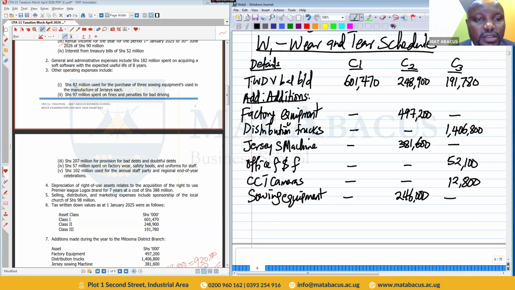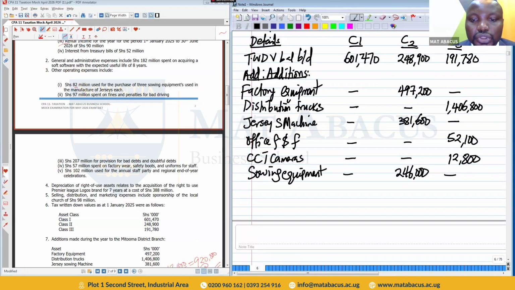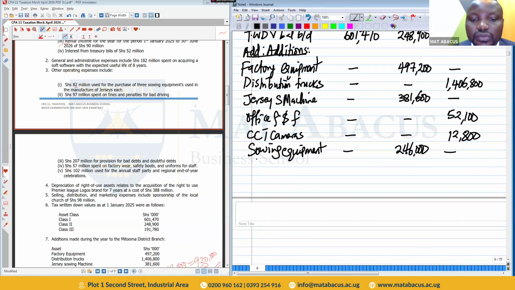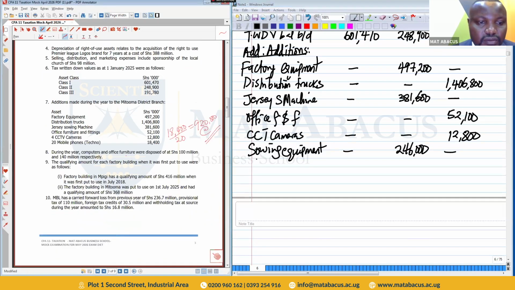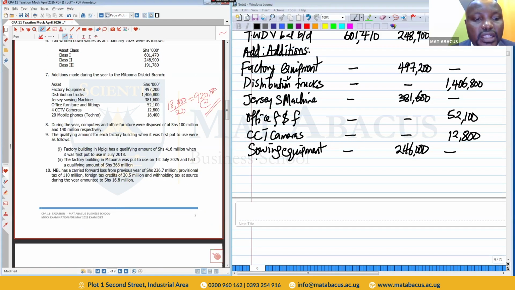After that, you continue and include disposals. They have said that during the year, computers and office furniture were disposed of at 100 million and 140 million respectively. It means that we need to include disposals here.